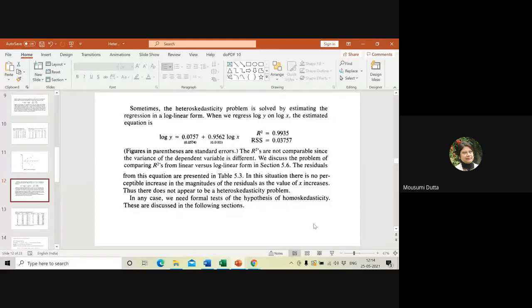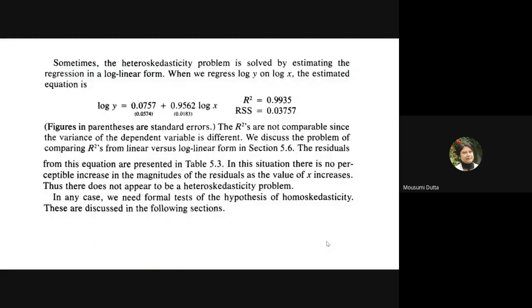when you are considering the logarithmic transformation, your interpretation of the regression coefficient is changing. Now it is the elasticity, d log y by d log x, that is nothing but elasticity. In the original regression, it was change in y due to change in x.